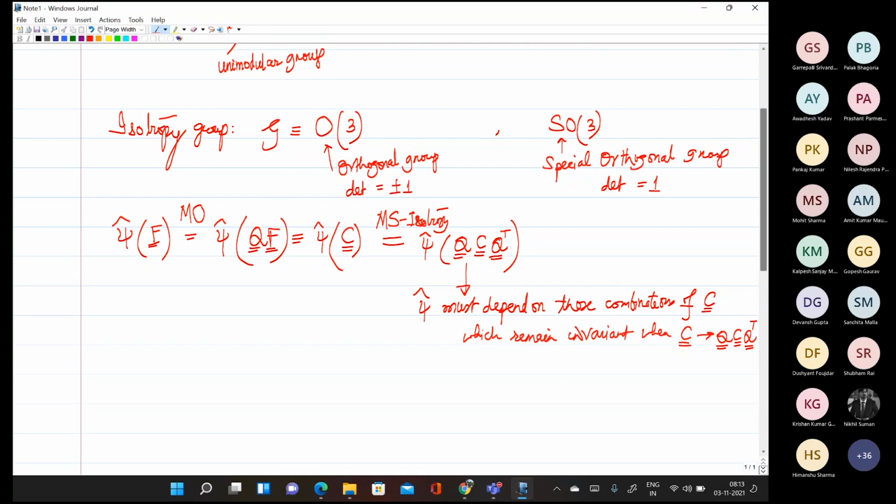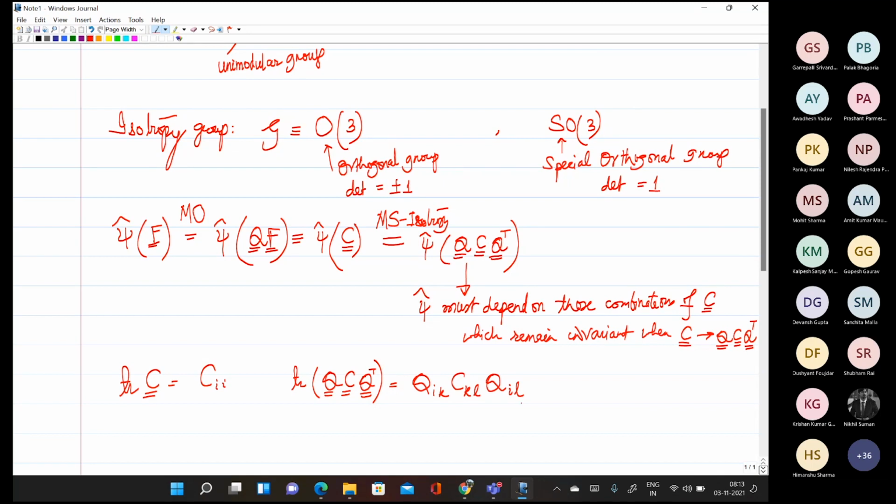So you can show, for example, that trace of C, which is the sum of the diagonals, is C_II, whereas trace of QCQ transpose is going to be equal to Q_IK C_KL Q_IL.